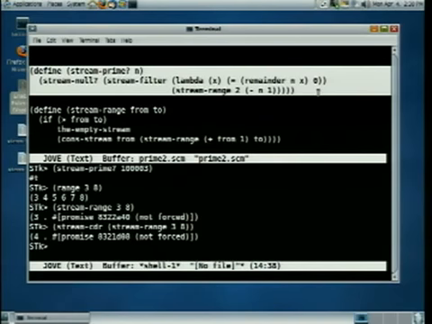So worst case, theta of square root of n, no matter how you write your prime program, there's no getting around the fact that you have to try all those things. Well, that's not true. The book points out, in a little bit of heavy mathematics that some of you won't like, that there are some interesting ways to find out if a number is prime that almost always give you the right answer and are very fast.